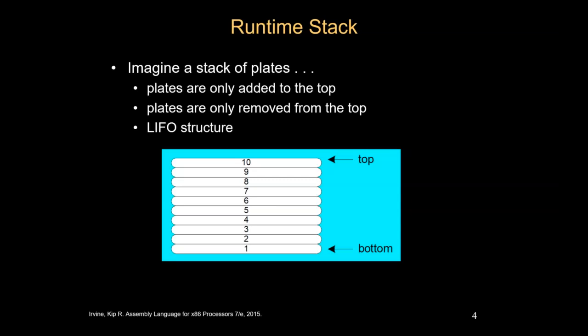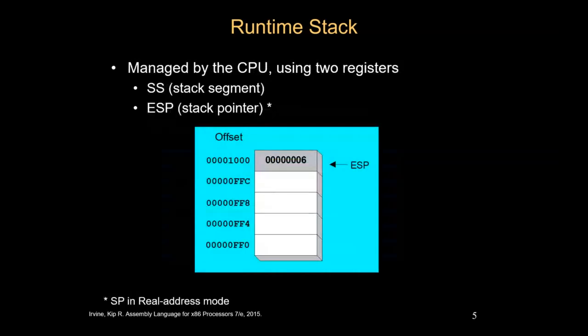So, like we said, the stack uses the LIFO structure because the last value put into the stack is always the first value to be taken out. So always remember this. We have what we call the runtime stack. The runtime stack is a memory array managed directly by the CPU using the ESP. Still remember what we said in the test when I asked what is the ESP, what is its function?